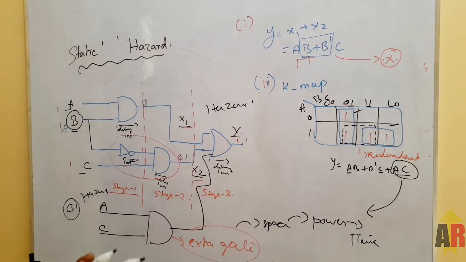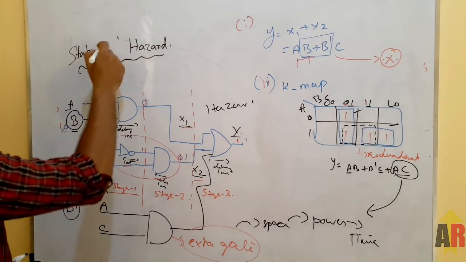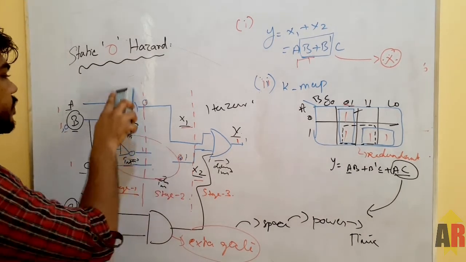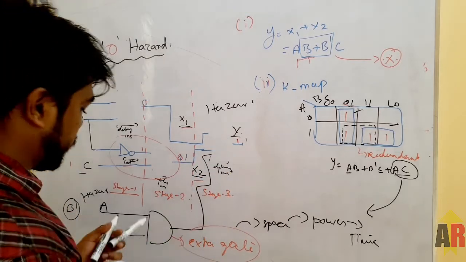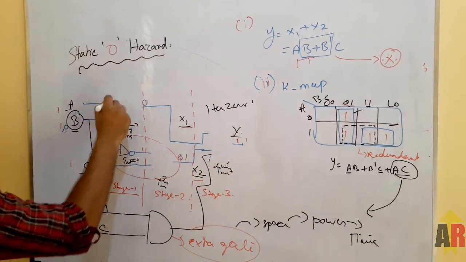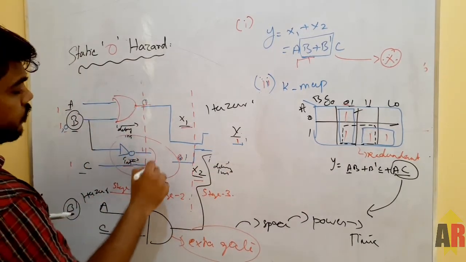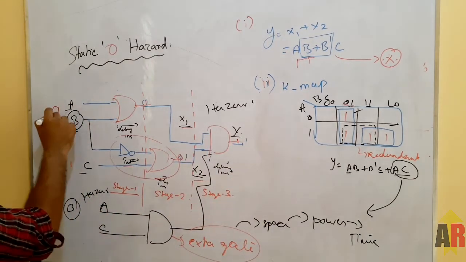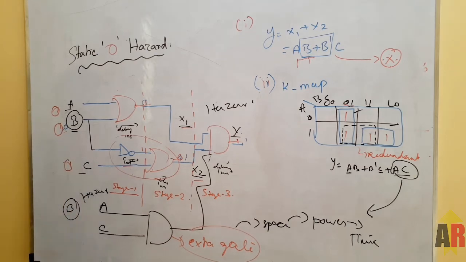Whenever you are going to do it for static 0 hazard, there are some more changes you want to make. Just convert this all to this, and to OR, then this to AND.